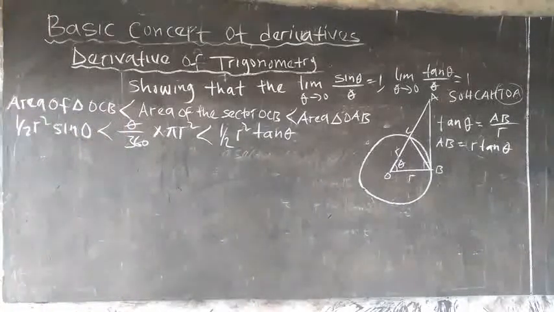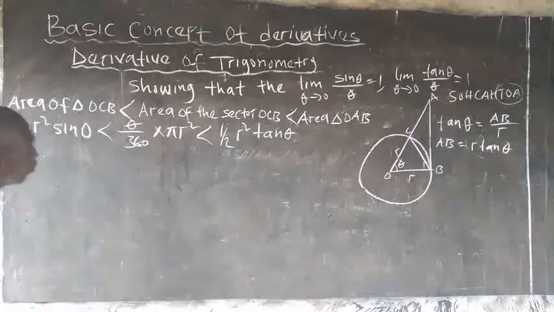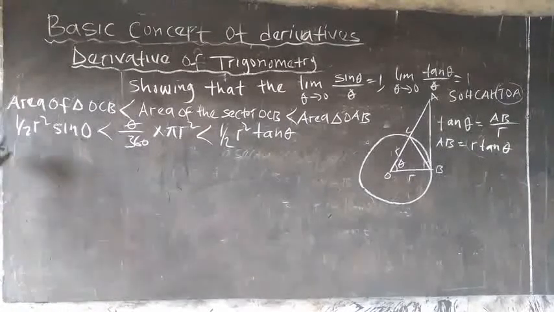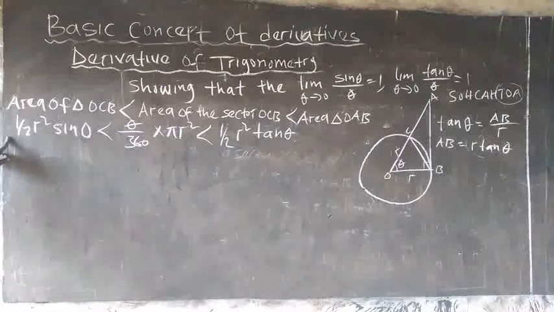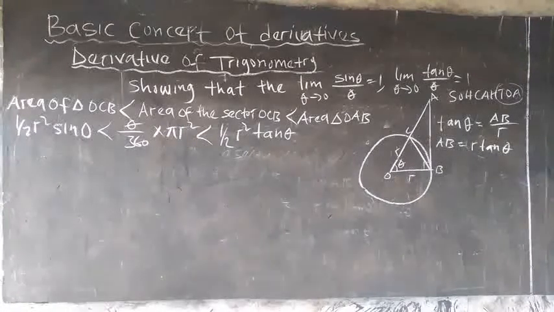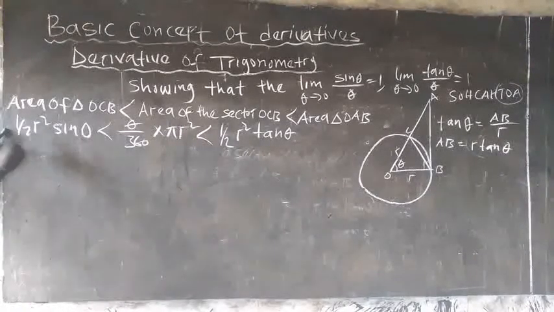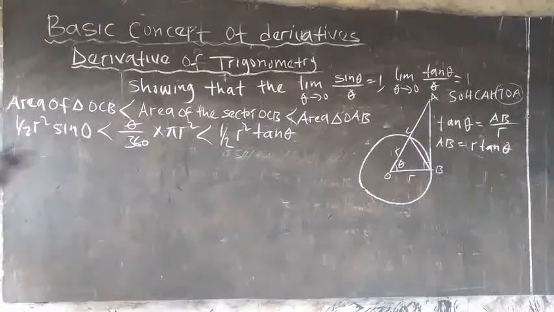So let's go. Now here I can multiply by 2. If I multiply by 2, it means that this one will be 2 times, so let me multiply by 2.